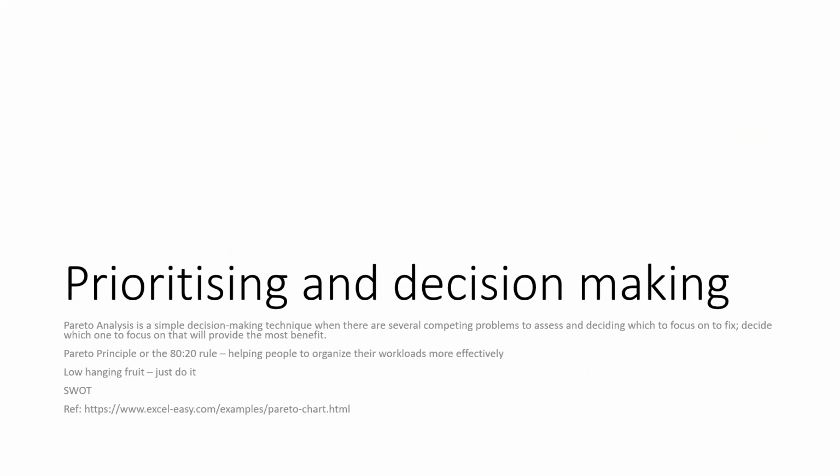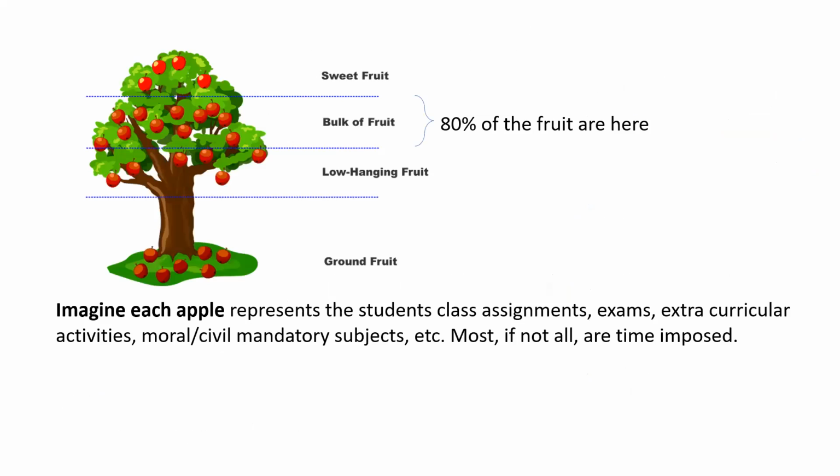Now in prioritizing, when we talk to students, for example, in terms of how much work they have, or your own workload, imagine an apple tree, and imagine each apple represents the students' class assignments, the exams, all the stuff that they have to complete within a specific time.